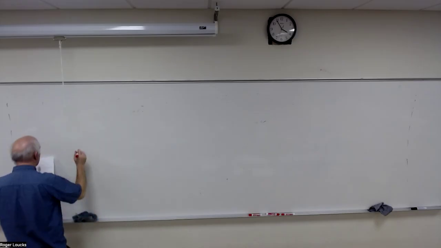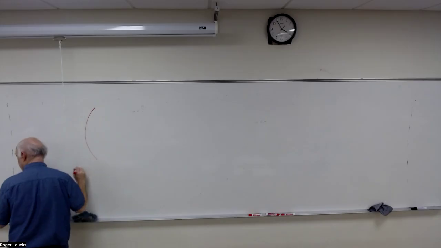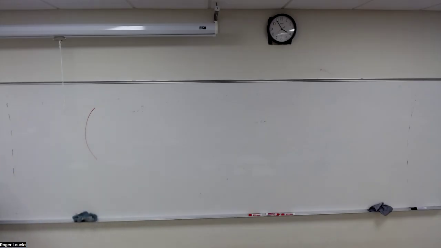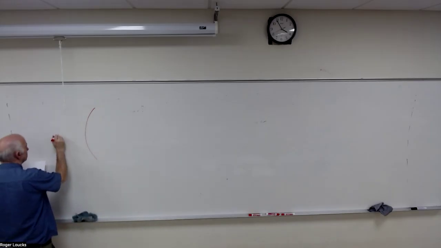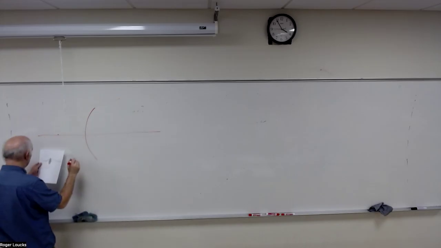Look at this picture here. I'm only going to do the first part. Here's my object, here's my ray going through, and here's my line going through the whole center of the system.